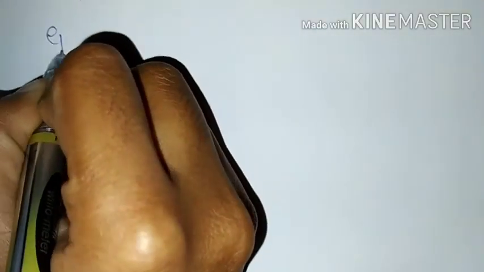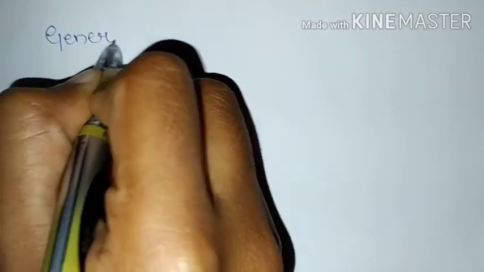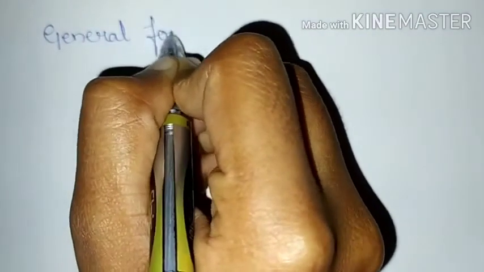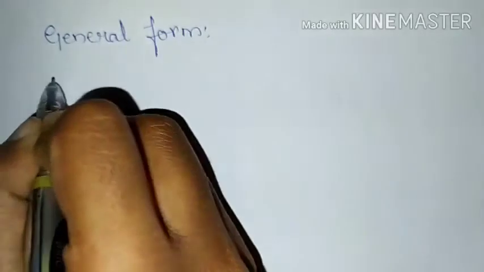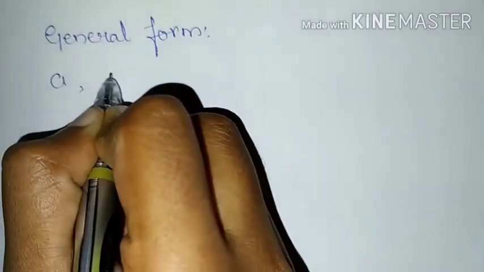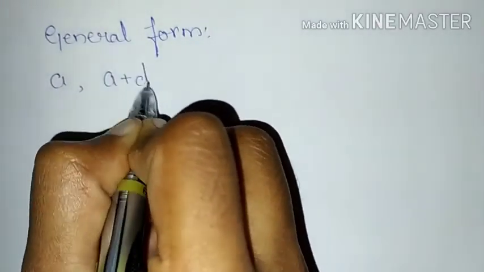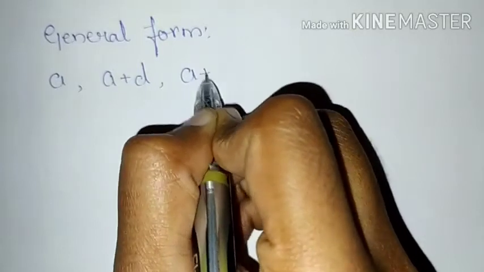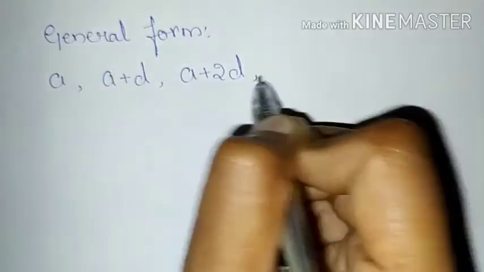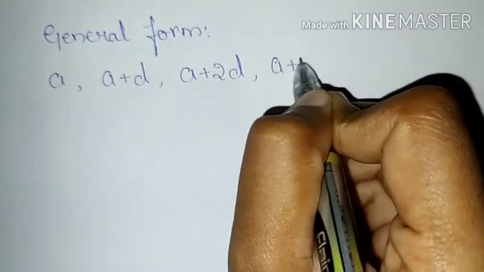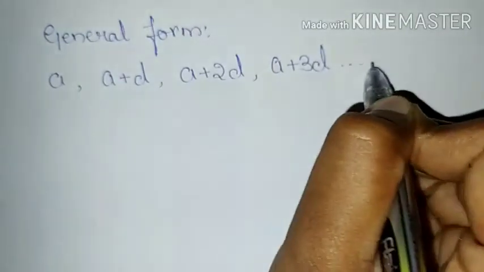I hope you remember the general form of an AP, right? What is the general form of an AP? It is a, a plus d, a plus 2d, a plus 3d and so on.